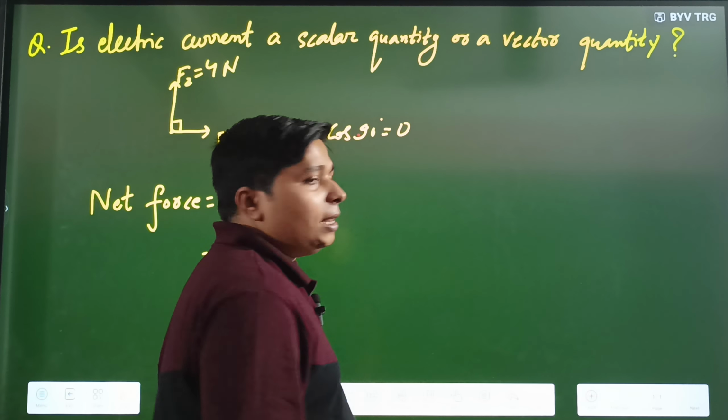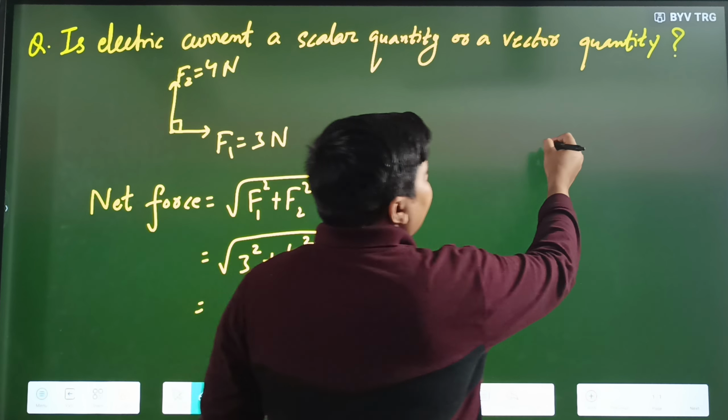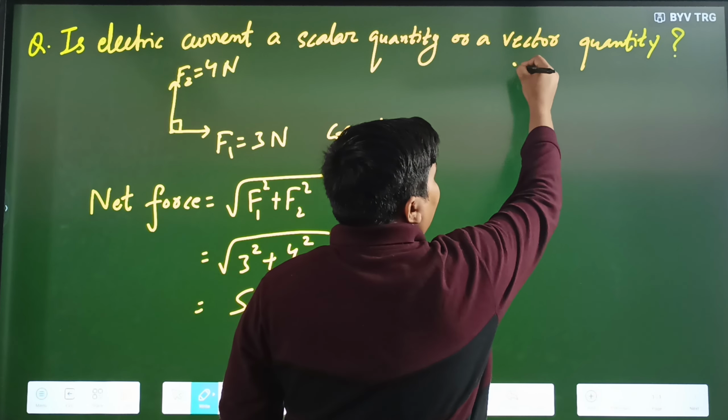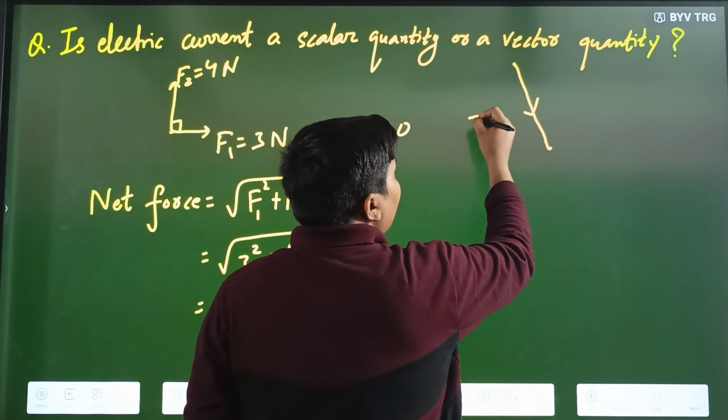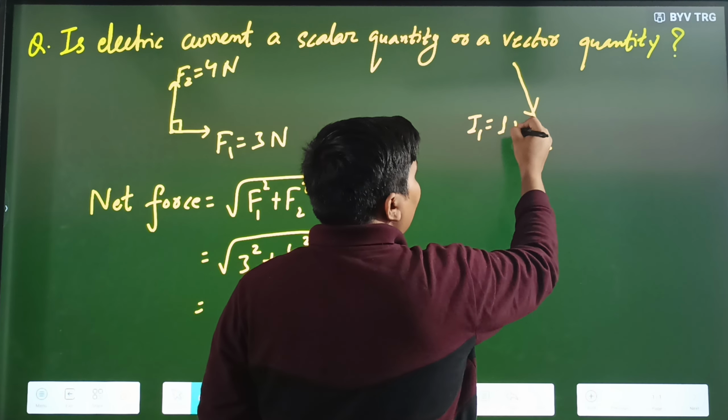Now, let's say for example, at a node in a wire, electric current is coming towards this node, I1 is equal to 1 ampere.